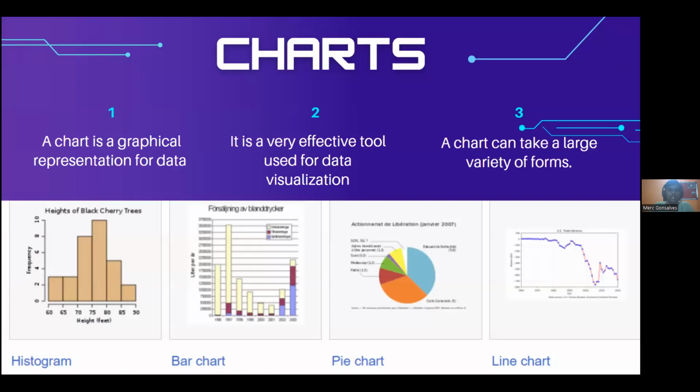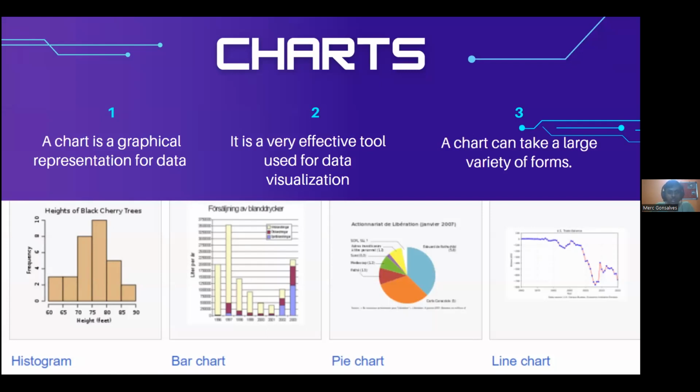the charts. As we all know, charts are a way to represent any amount of data in a graphical form, as you can see below. There can be various types of charts, like a histogram, bar chart, pie chart, or even a line chart. These are very effective, efficient and useful tools.